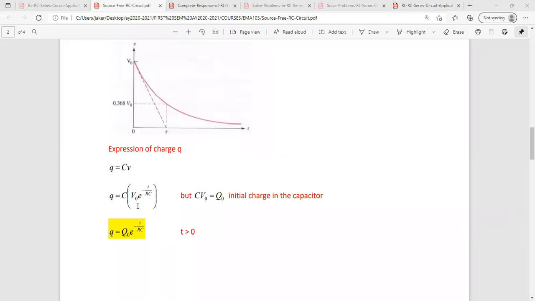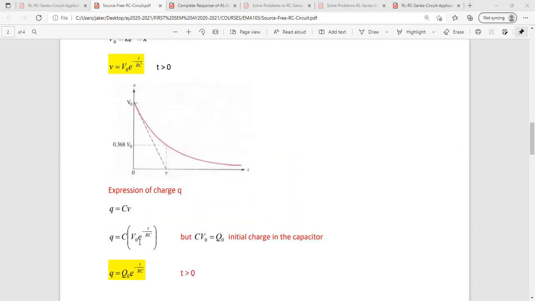Now, you have C V sub O e raised to negative t over RC. However, your C times V sub O is actually the initial charge in the capacitor. So now you have a third formula that is so similar, like 99% similar to this.